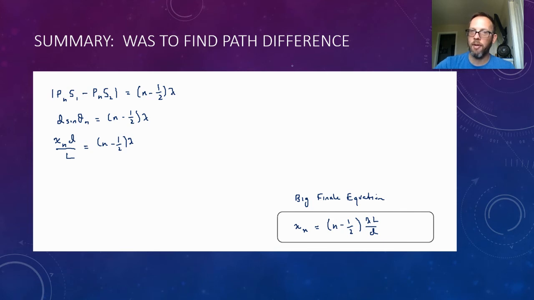So you can predict on a screen far away where the darkness is going to be. And that's really good, because if you can make predictions, we can do this experiment on a screen far away from the double slit and actually see if the dark spots are there. That's pretty cool.